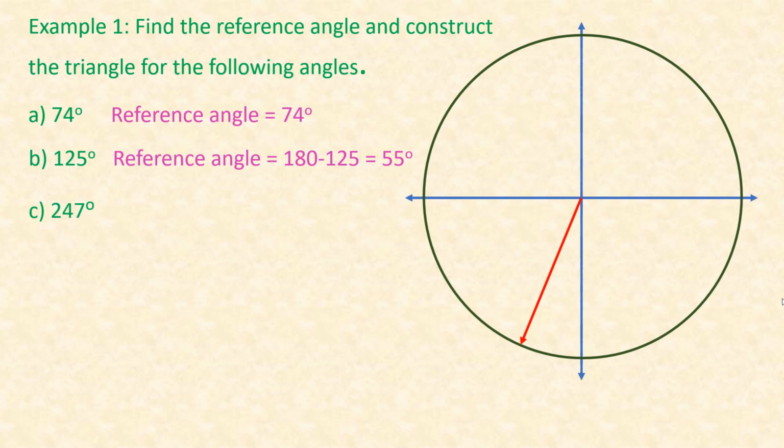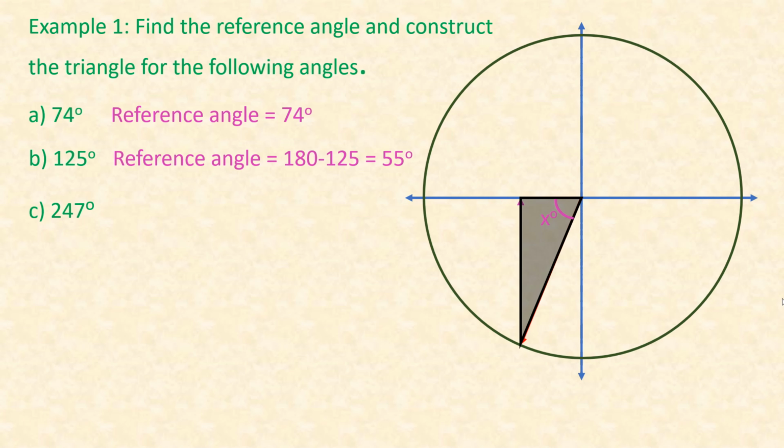Example part C is 247, and it happens to be right there. Now I draw toward the x-axis. You could draw up, you could draw down, but never sideways. Then I have my triangle. Then I need to find my reference angle, the x. The reference angle is the angle inside the triangle between the hypotenuse and the x-axis.